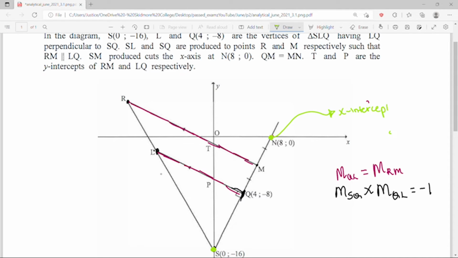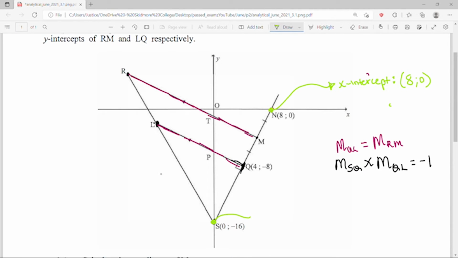So immediately you're going to realize that the x-intercept of this line is (8, 0). And the same way, the y-intercept is going to be (0, -16). So that if they ask you to find the equation of this line, you already have 2 points to look at, and you'll have your c value here.